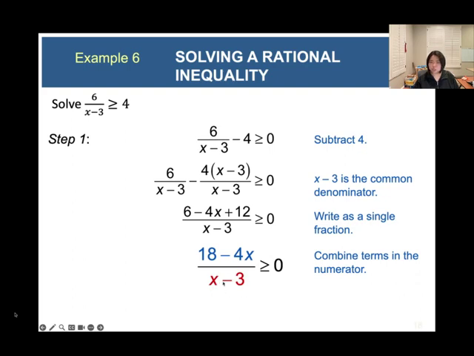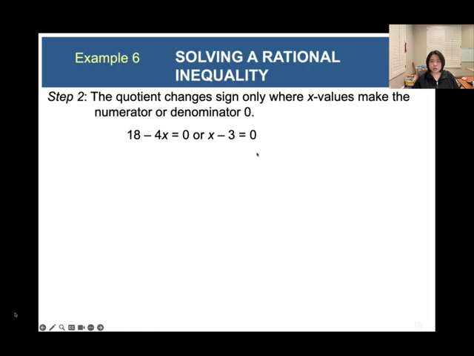If it is equal to 0, a number divided by 0 is undefined, right? So we're going to write it down. First, the numerator, we set it equal to 0. And then for the denominator, we're going to assume it is equal to 0 first, and we'll figure it out after. Solve for it, you find x equals 9 over 2 or x equals 3.